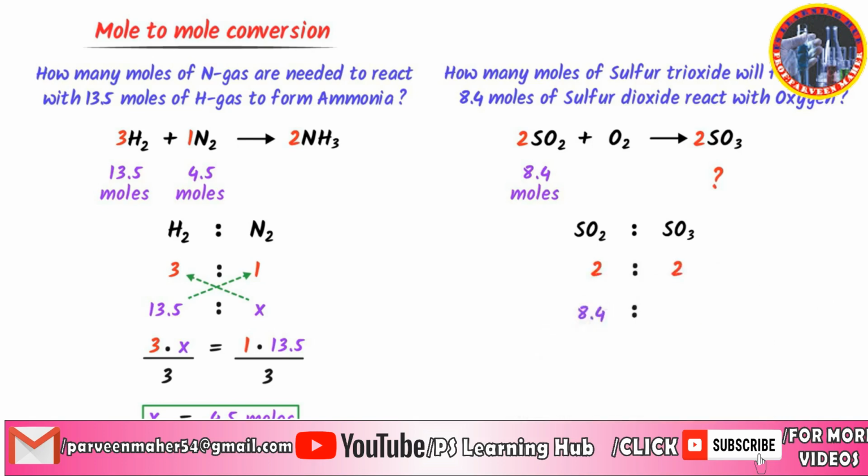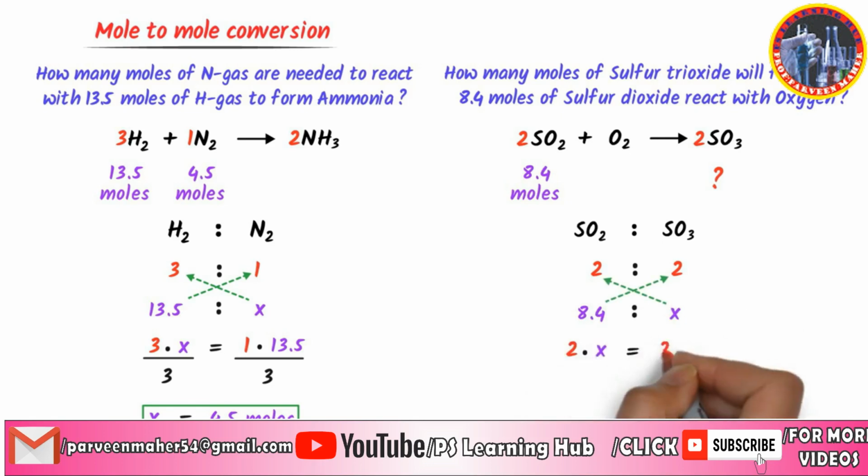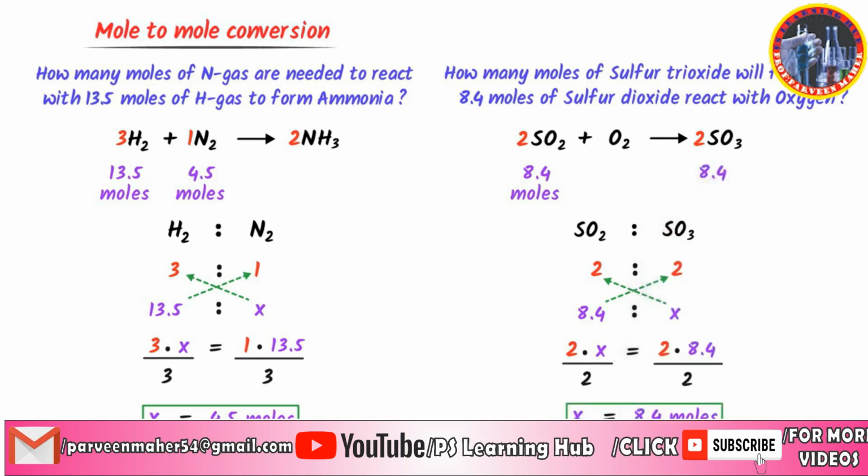We need to calculate the number of moles of sulfur trioxide. Let it be X. Now I cross multiply them. 2 into X is equal to 2 into 8.4. I divide both sides by 2. After calculation, I get 8.4 moles. Thus 8.4 moles of sulfur dioxide will react with excess of oxygen to form 8.4 moles of sulfur trioxide. Hence noted down this important problem.